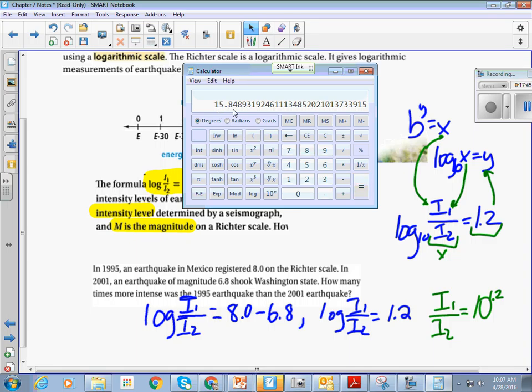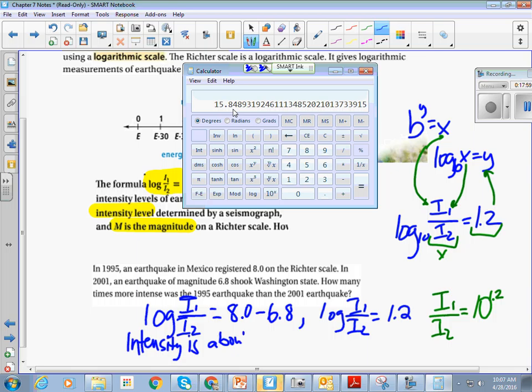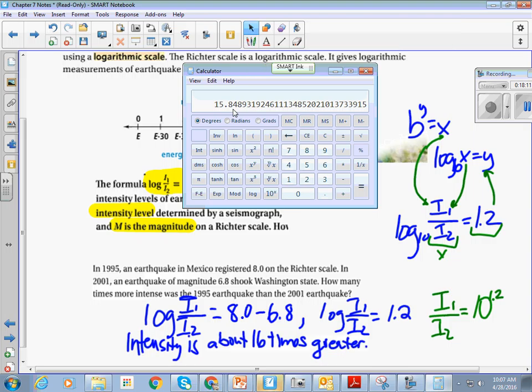Let's go ahead and round it to the nearest whole number. So we say the intensity is about 16 times greater. So 15.8 rounds to 16.